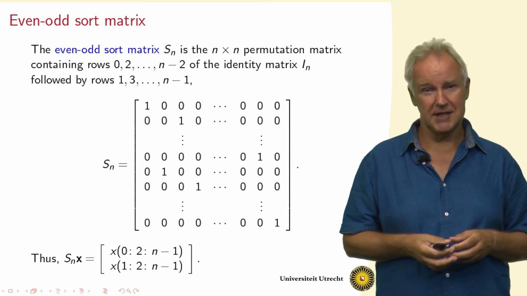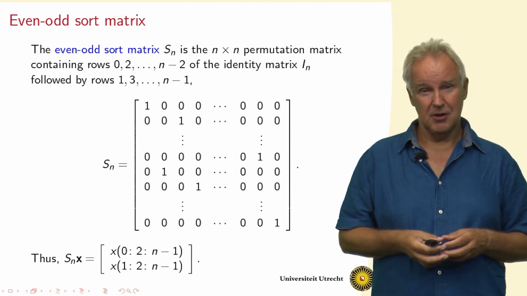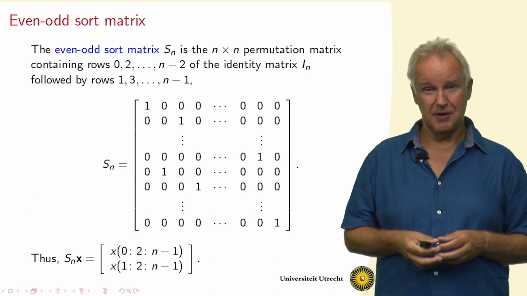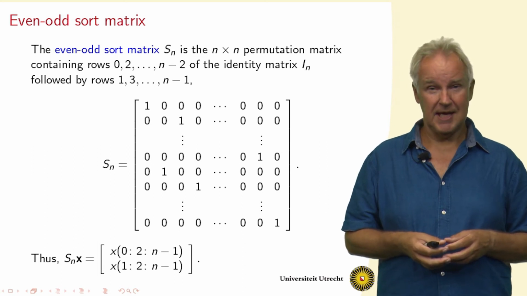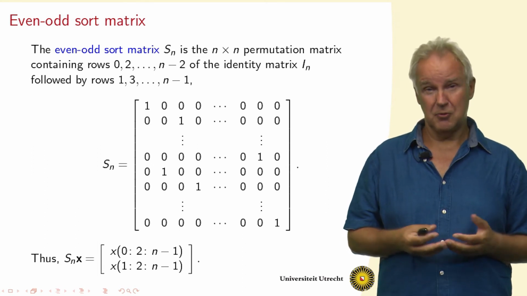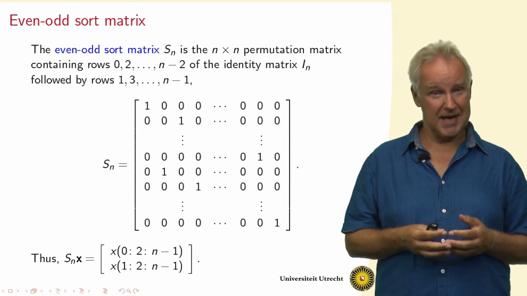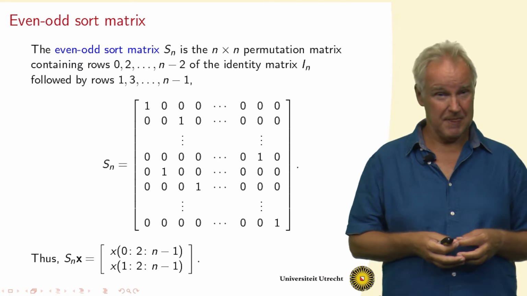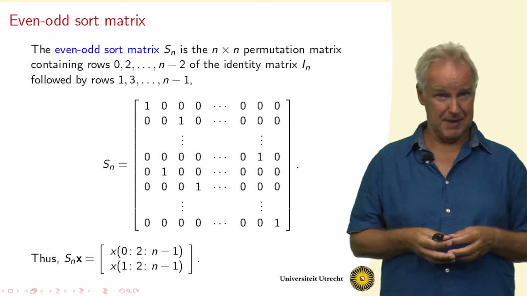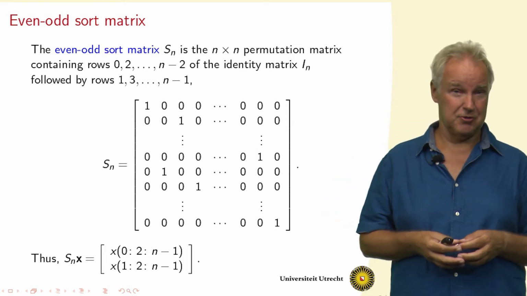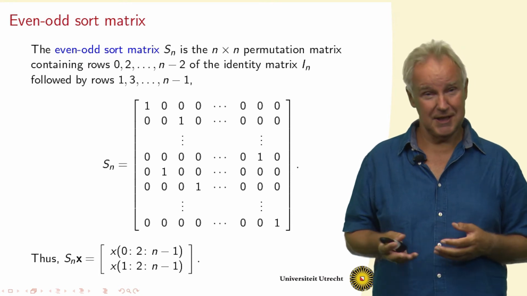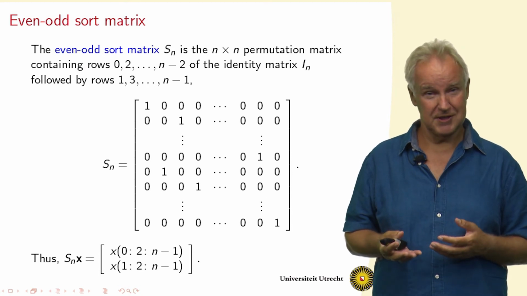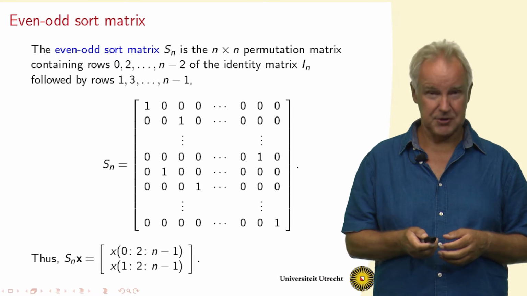And this permutation matrix contains, first of all, the even rows of the identity matrix, and then the odd rows. So what it really does is, if you multiply this matrix, which is called the even-odd sort matrix, Sn for short, with a vector, it picks out the even components first and then the odd components.